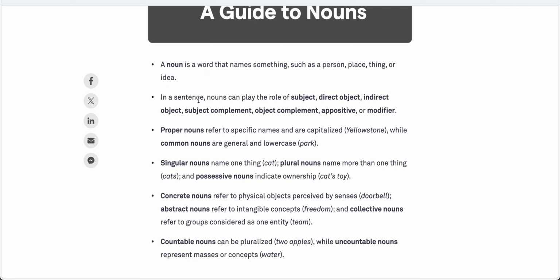In a sentence, nouns can play the role of the subject, the direct object, the indirect object, a subject complement, or an object complement. They can be a modifier, and you can have proper nouns, singular nouns, plural nouns, possessive nouns, concrete nouns. There are all kinds of aspects to learning about nouns.